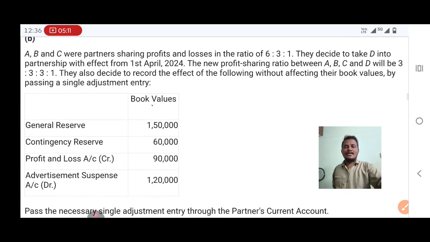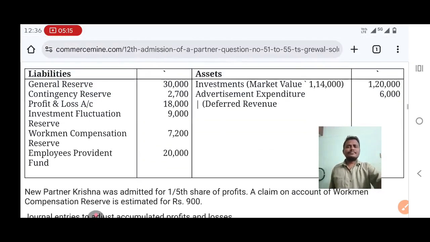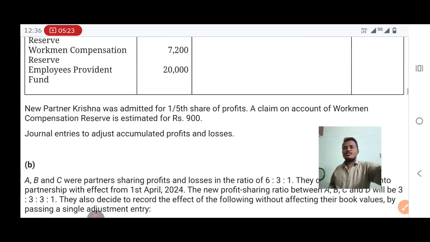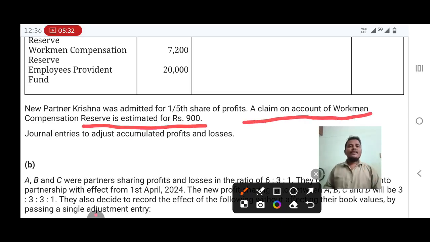Next, the second thing I would like to explain, workmen compensation reserve. The same thing: the workmen compensation reserve here is 7,200, but here it is showing that the workmen compensation claim is estimated at 900.